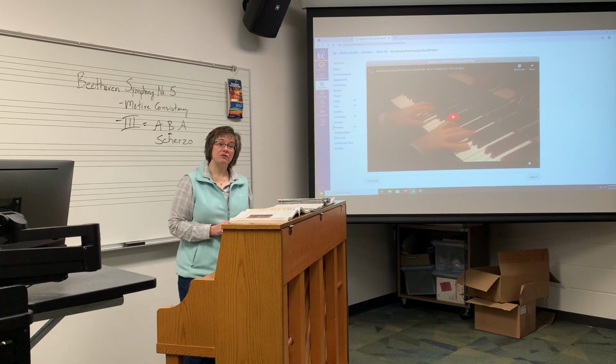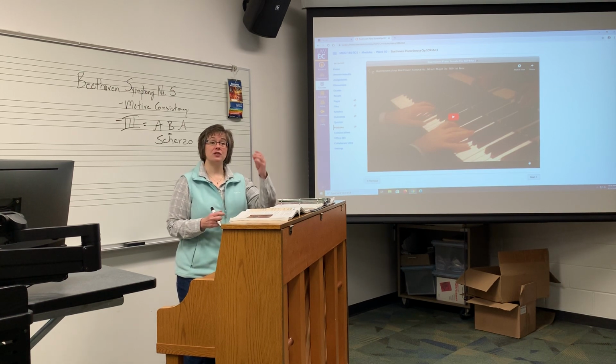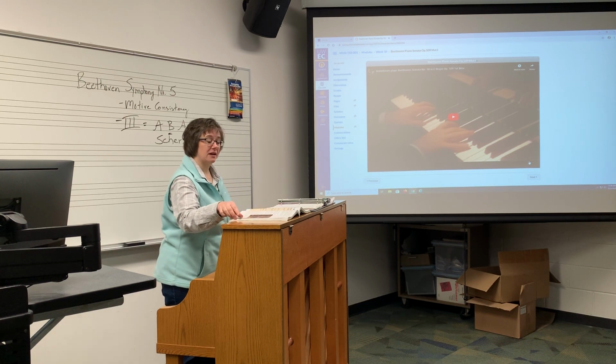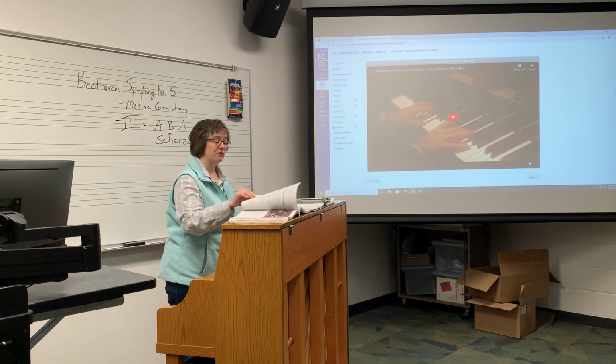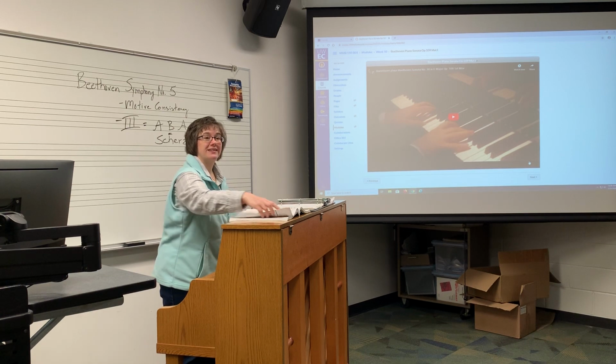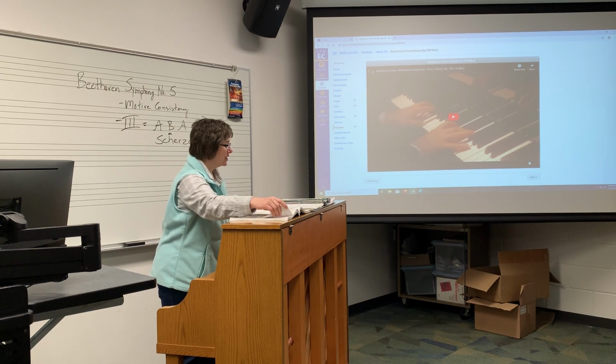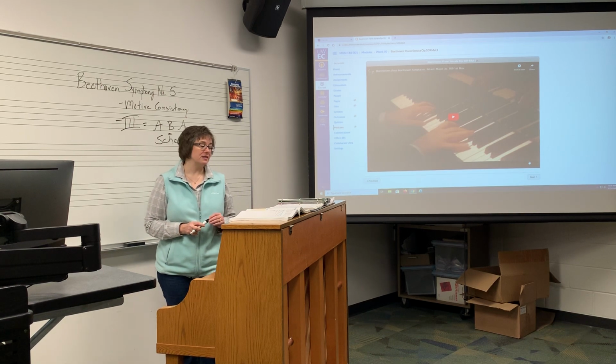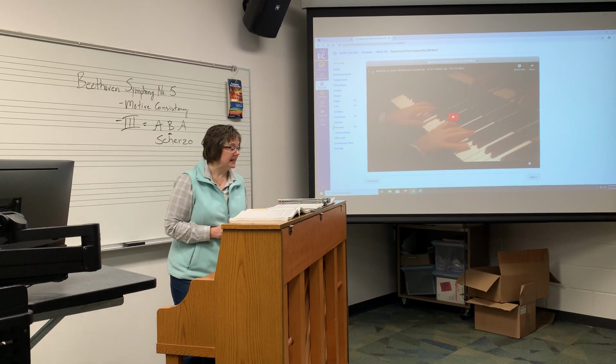He does use sonata form in his sonatas, but the themes in the sections are condensed. So instead of the first theme being 16 measures and the second theme being 16 measures, in this sonata that you'll listen to, this piano sonata 109, the first theme is 8 measures, the second theme is 8 measures, so it's very condensed. Your guide for following this one is on page 216.